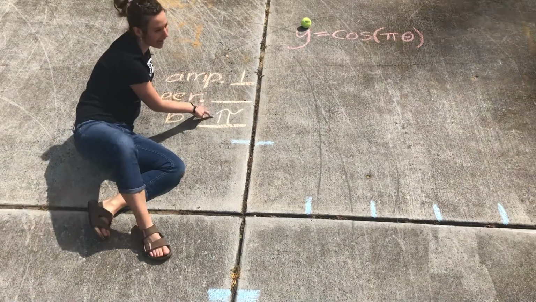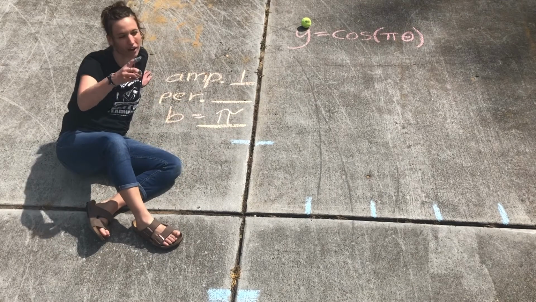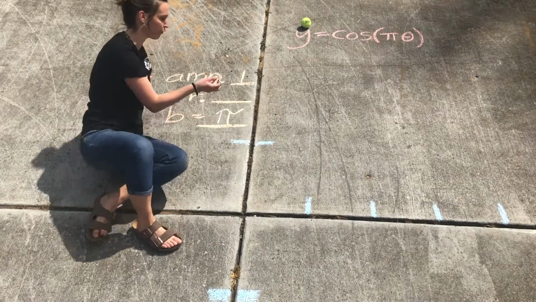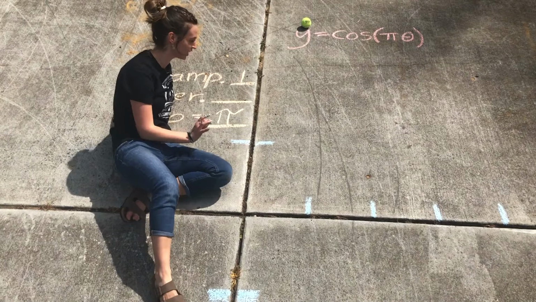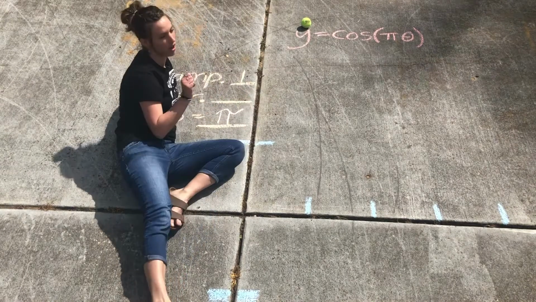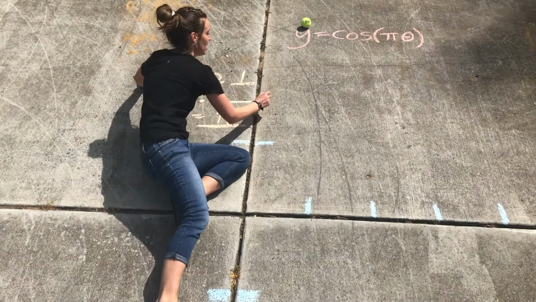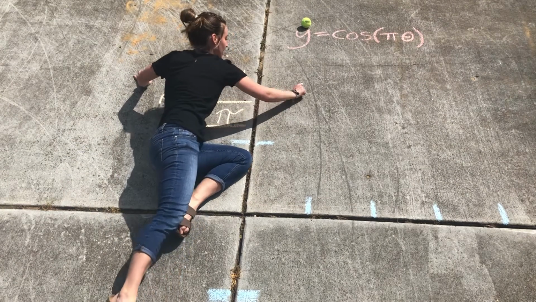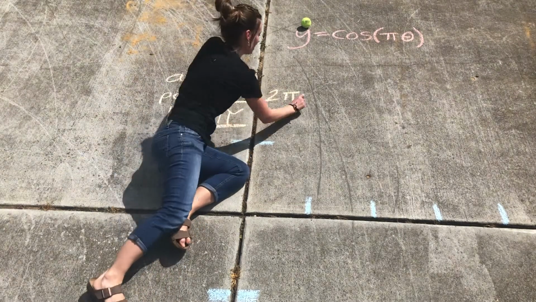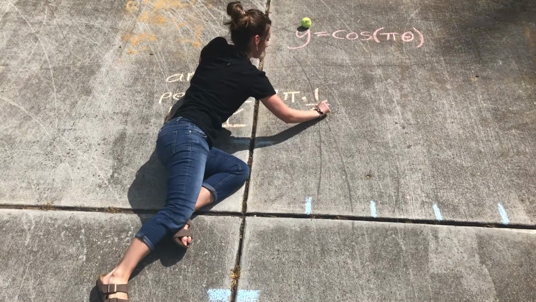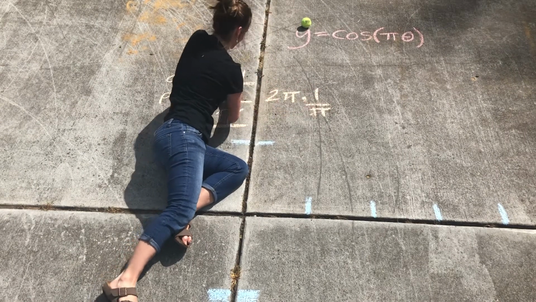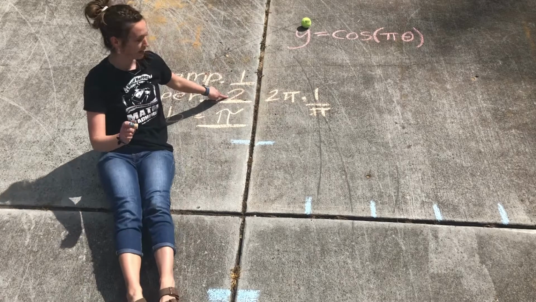That would be 1 over pi, because that's the reciprocal for the horizontal compression. If I'm compressing by a factor of 1 over pi, then I'd multiply the normal period, 2 pi, times 1 over pi, divide out my pi's, and get 2 for my period.